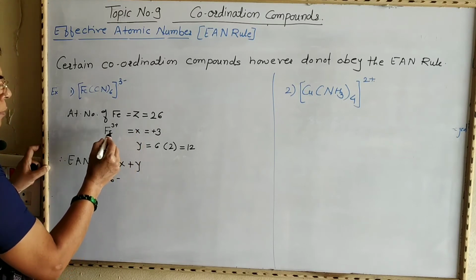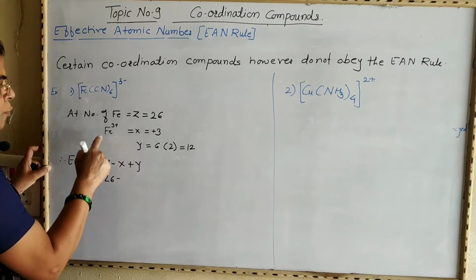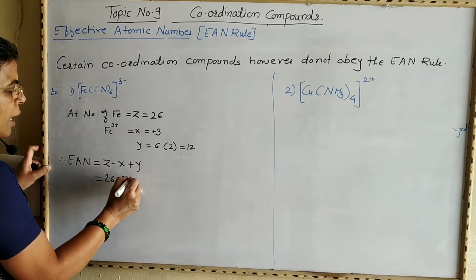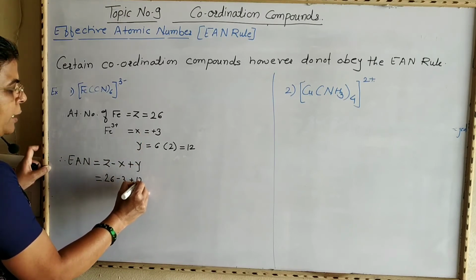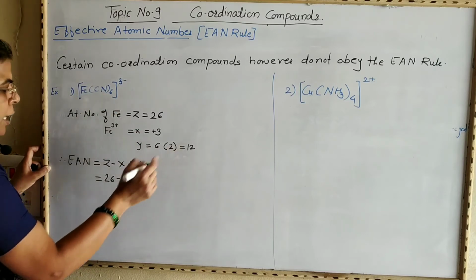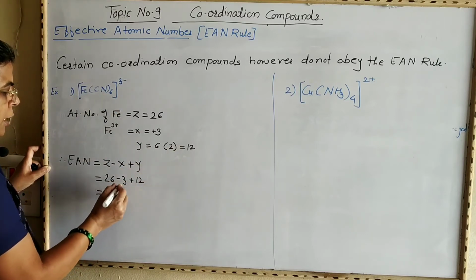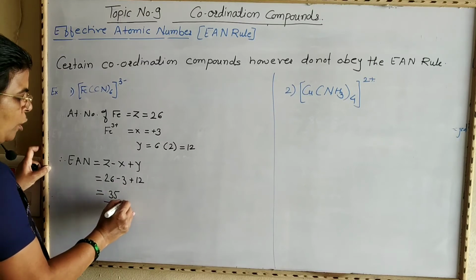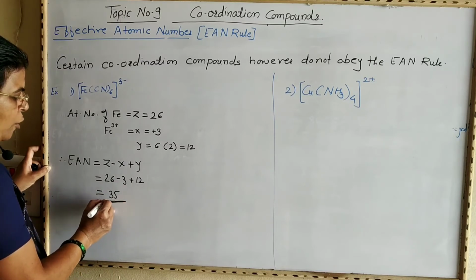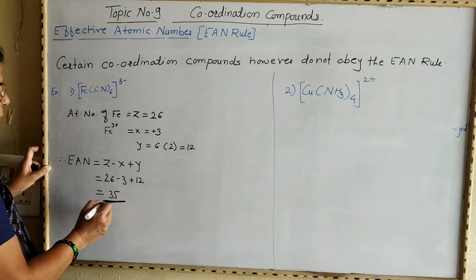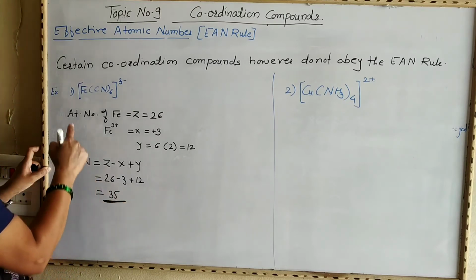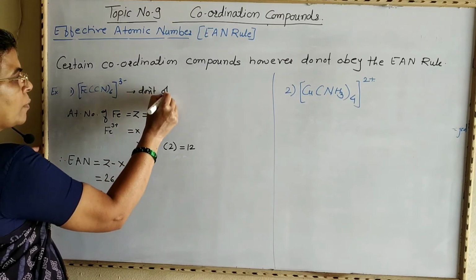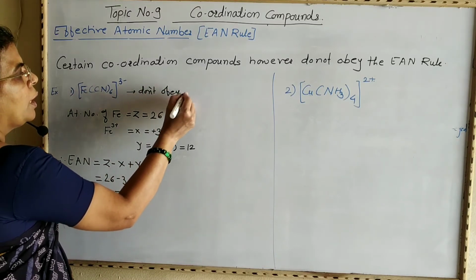Then here number of electrons donated by metal to form Fe3+ ion, it becomes 3, and Y is equal to 12, that is number of electrons donated by ligands. Therefore here this value becomes 35, and it is not the atomic number of any noble gas, and therefore this complex does not obey EN rule.